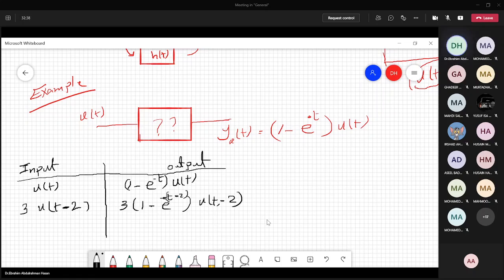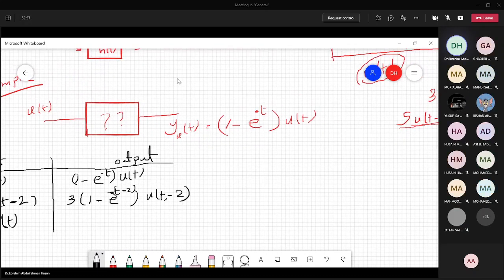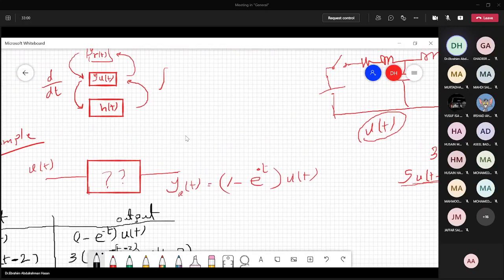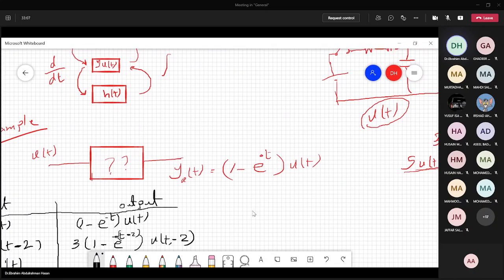Now, if the input is, sorry, it is delta of t. I change the input to delta of t. What is the output here? What is the relation between the two? h of t is equal to d by dt of y_u of t.